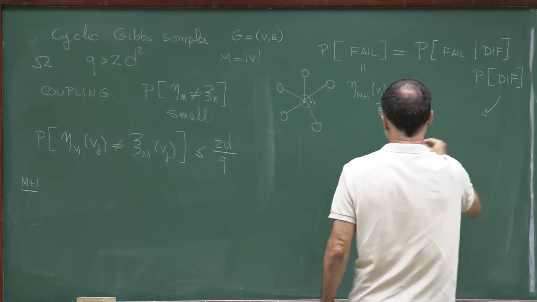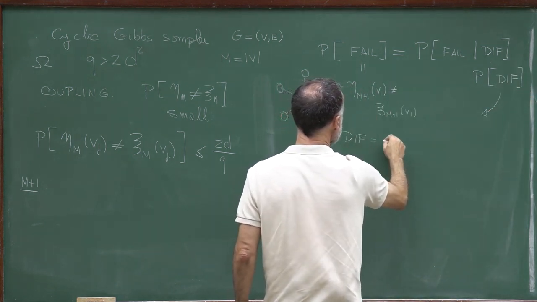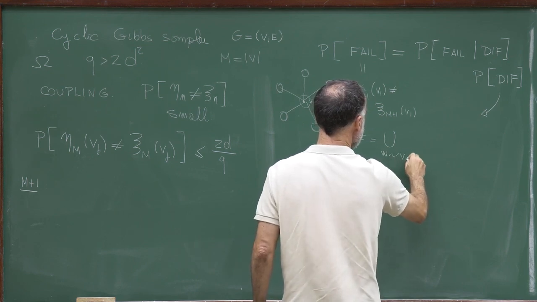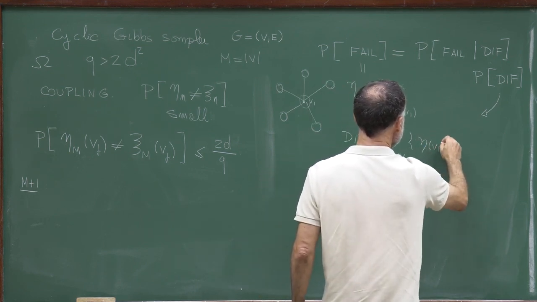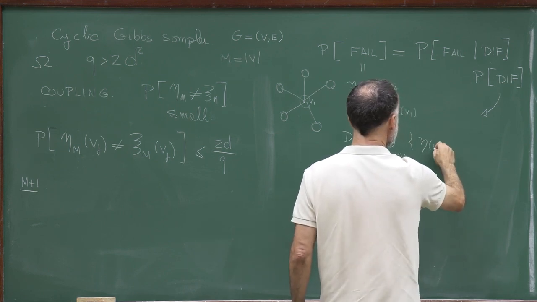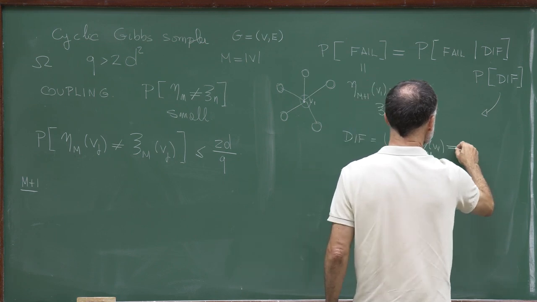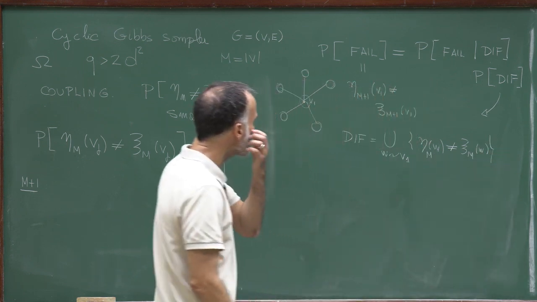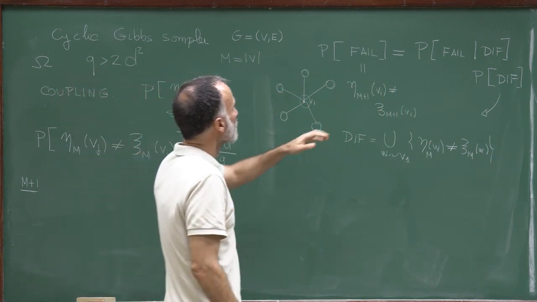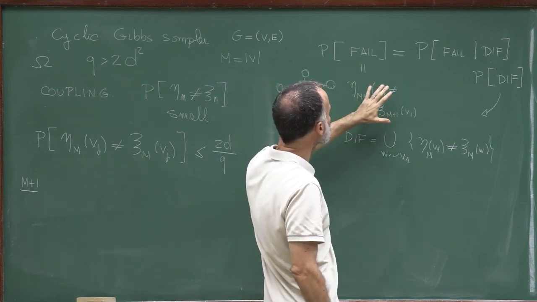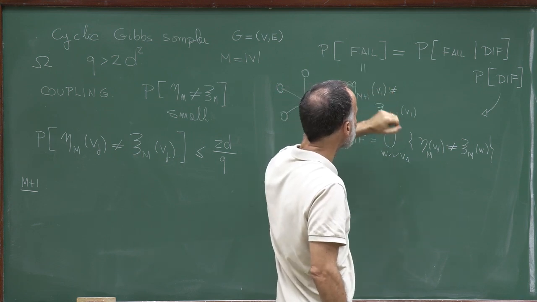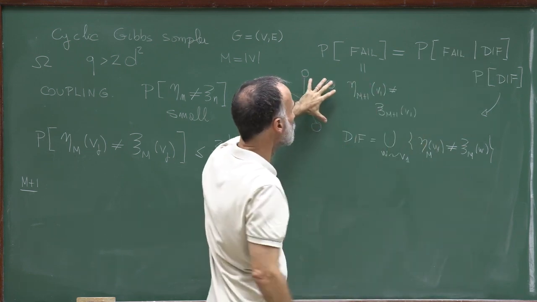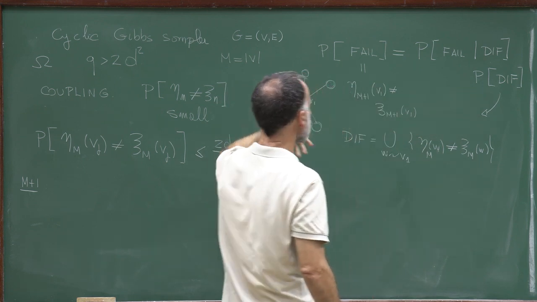And by difference here, I mean that there exists a neighbor W of V1 such that eta at time m of W is different from psi at time m of W. So this is the probability that the colors will be different given that one of the neighbors does not coincide, times the probability that one of the neighbors does not coincide.